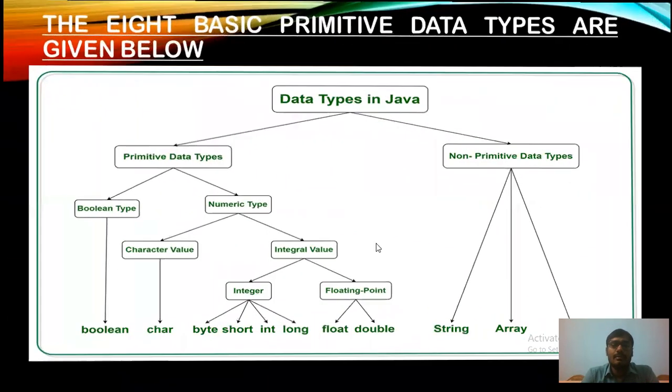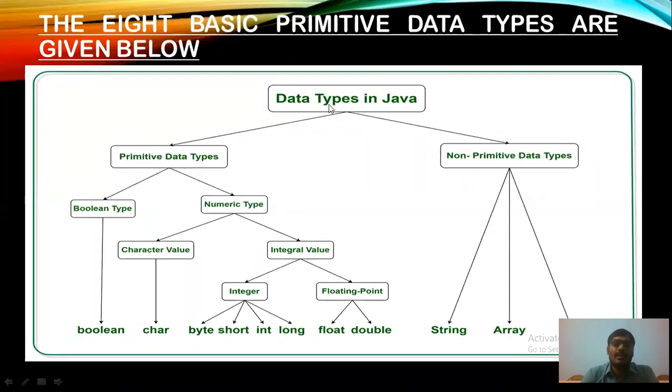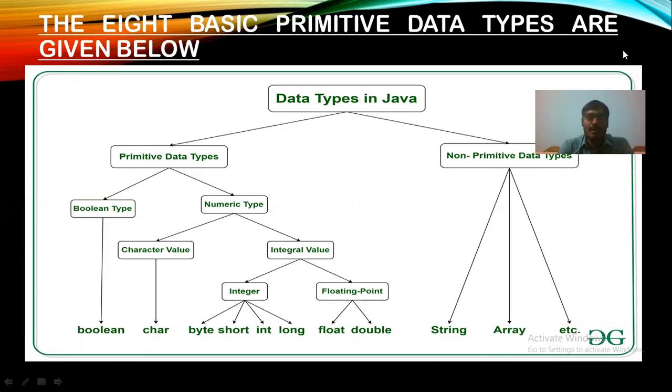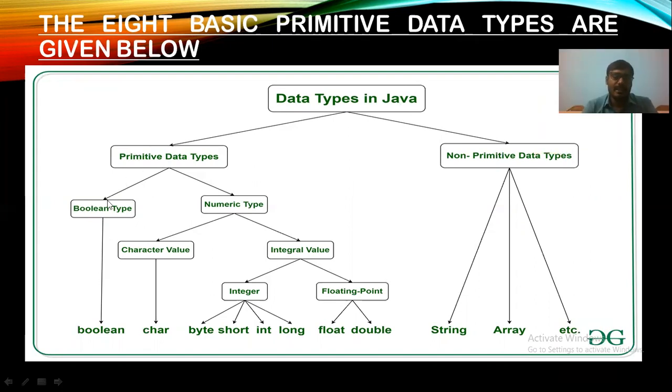So you can see the picture of classification of data types in Java. One is primitive and another is non-primitive. Primitive data type is again divided into Boolean type and numeric type. Boolean means yes, no type. And numeric means numbers can be used. Numeric is divided into character value and integral value.